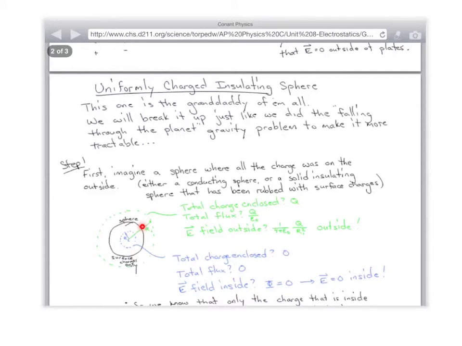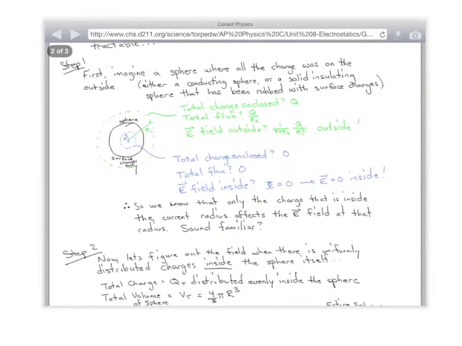So I want to know, if you were to make a plot of electric field versus distance, we know that once you get out to the edge, it's just going to decay away, right?